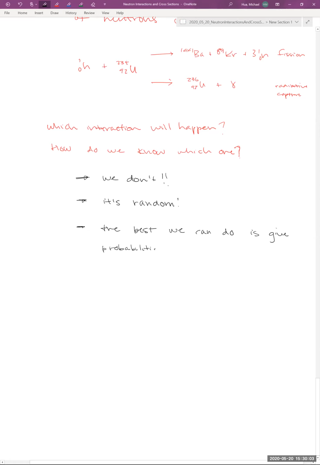So for example, I could say that the probability of fission maybe is 60%, while the probability of radiative capture is 40%.